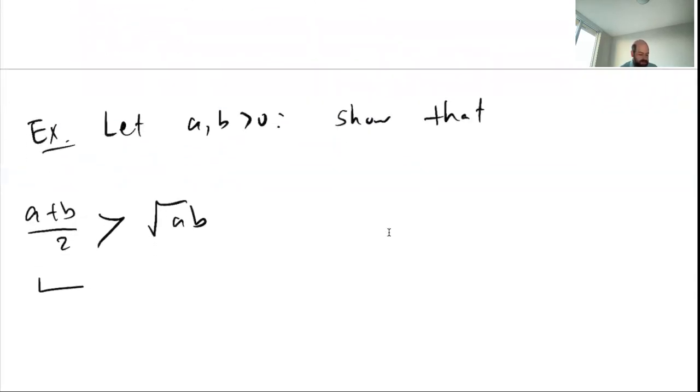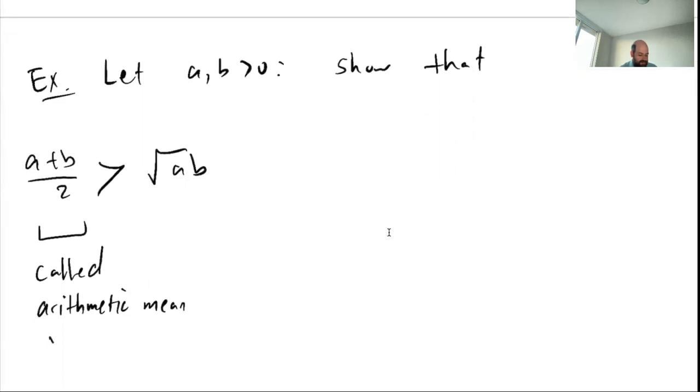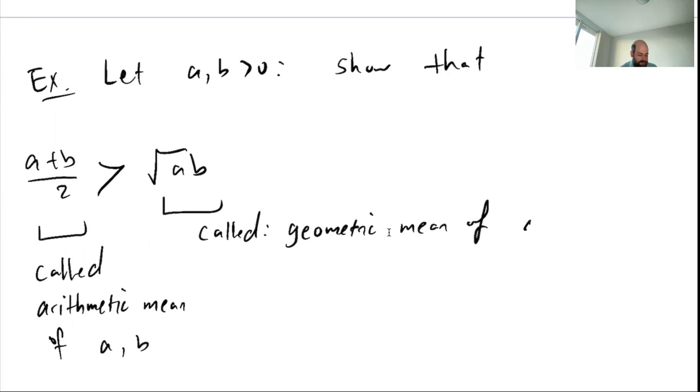So this is called the arithmetic mean of a and b, and this is called the geometric mean of a and b. So this question basically wants to show that once we have two positive numbers, the arithmetic mean is always bigger than the geometric mean. How can we do it?